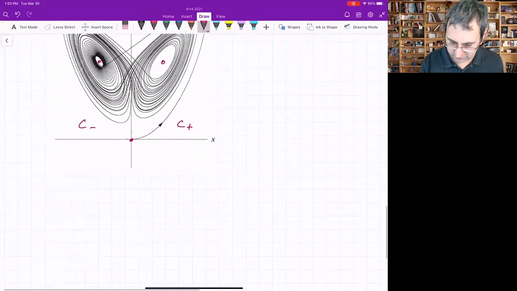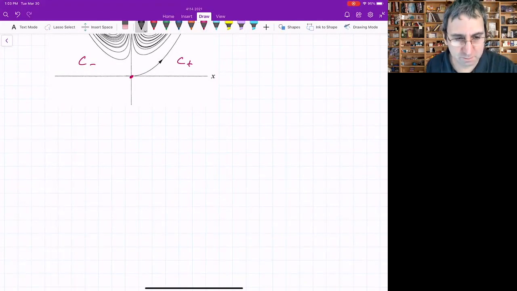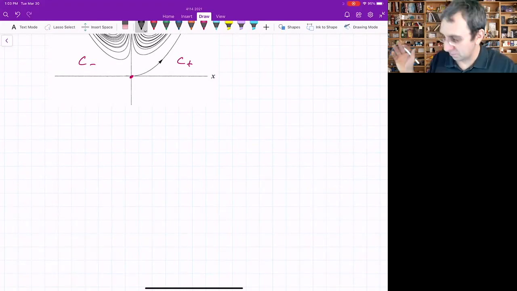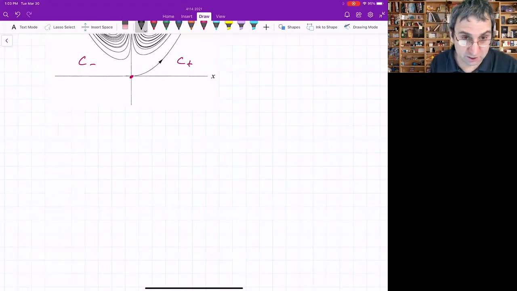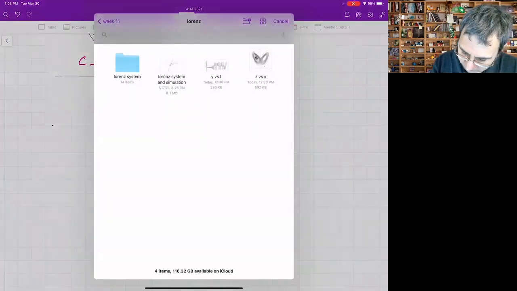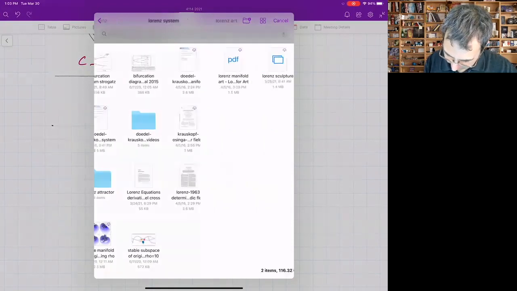We could even sketch what the thing looks like. There's this really cool set of books by authors named Abraham and Shaw. I have it on my bookshelf somewhere, but it's basically just all pictures to describe nonlinear dynamics. And in one of its pictures, they're trying to describe what the Lorenz system looks like.